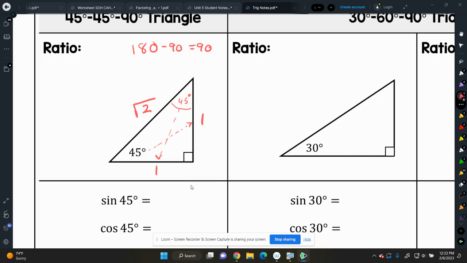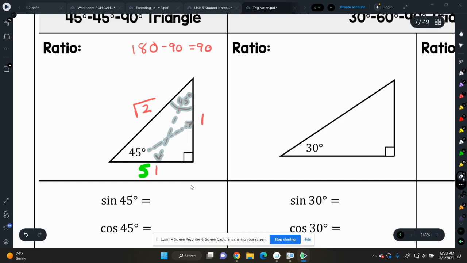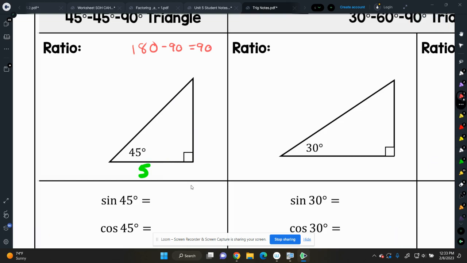So for instance, let's say that this side had a length of 5. Now this is the type of question you would see on an SAT. It would give you a triangle like this, and it might ask you for the hypotenuse.